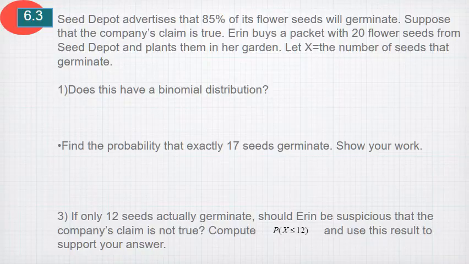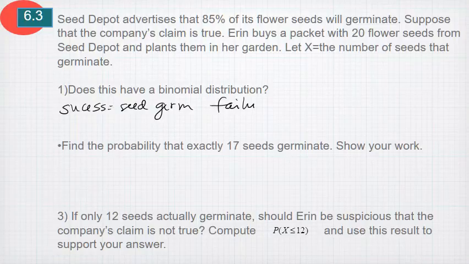Question the first, does this have a binomial distribution? Okay, so to our binary: do I have success and failures? Yes, success in this case would be seed germinating, and I'm going to write this down so that we have it. So success is seed germinating, and failure would be seed does not germinate.